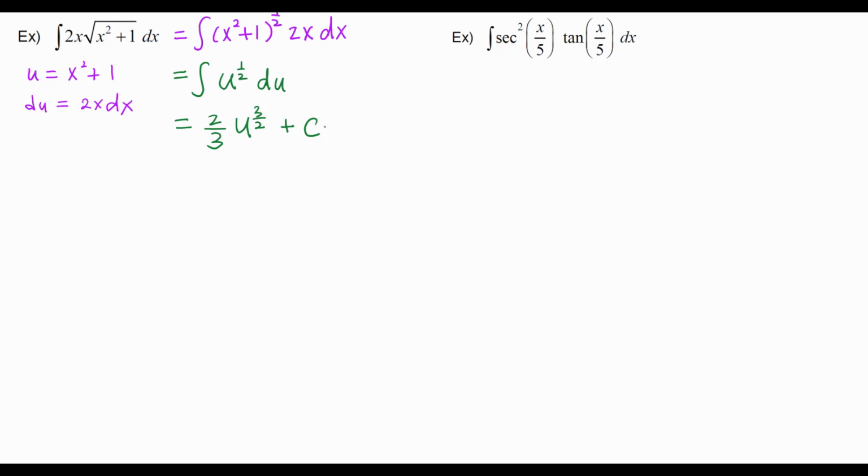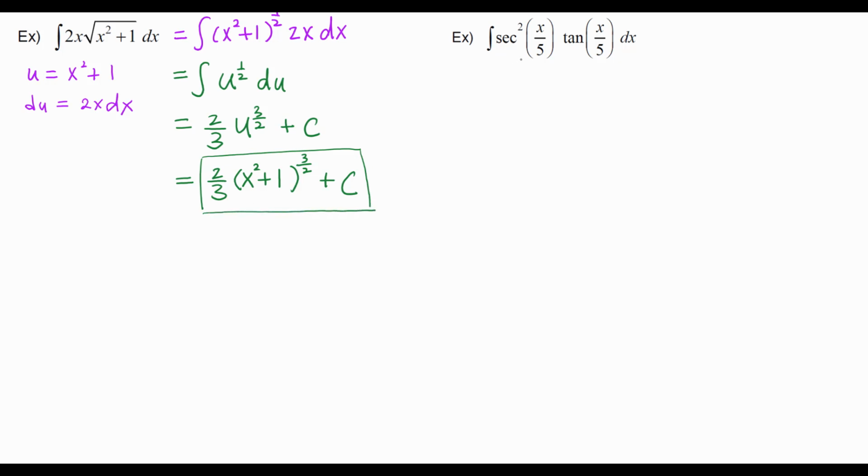And what is your last step? Yes, you gotta do back substitution and plug back what the u was. Our u was x squared plus 1, so the answer is 2/3 times x squared plus 1 to the 3/2 power plus c.